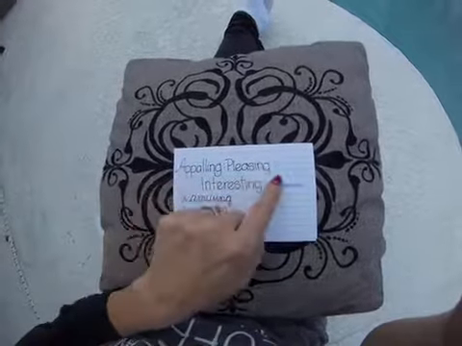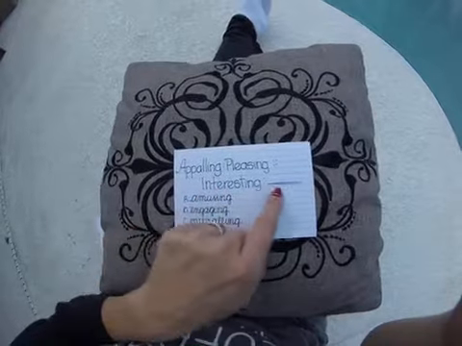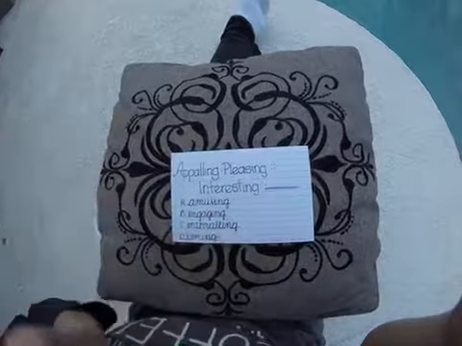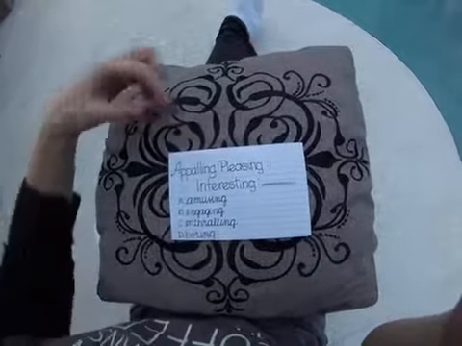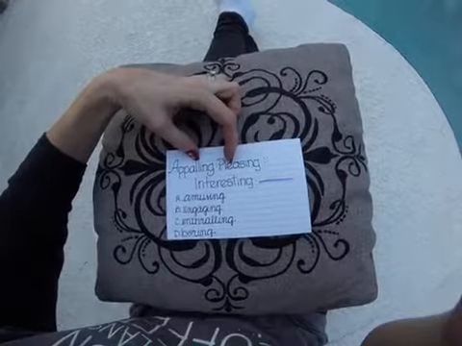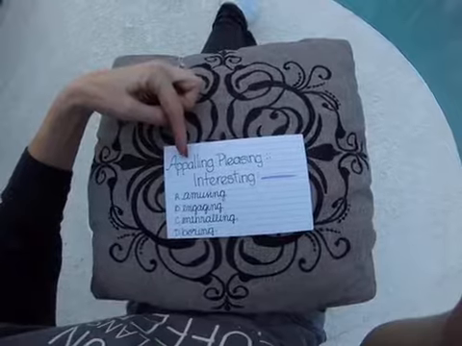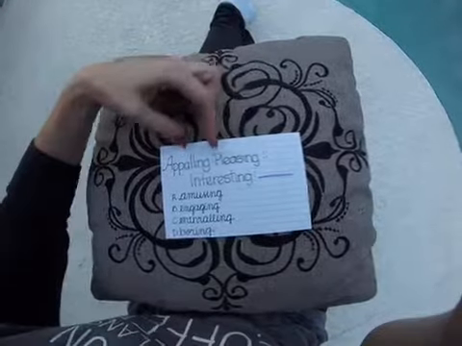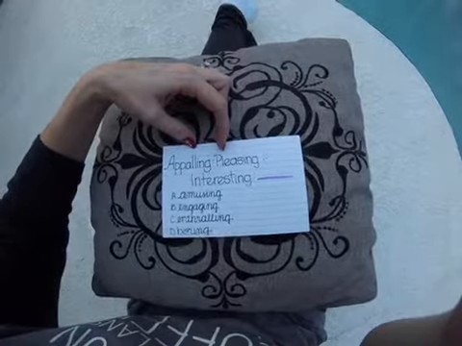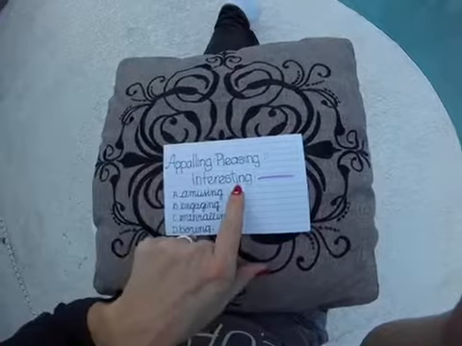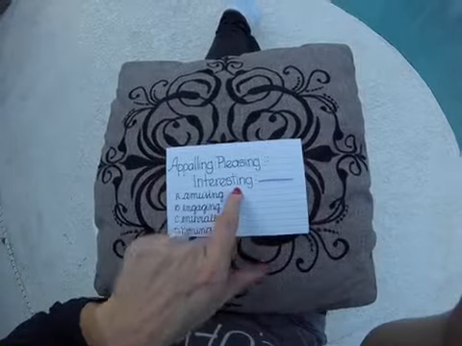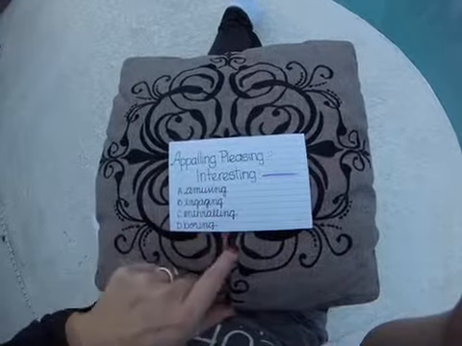Appalling is to pleasing as interesting is to... Well, we have a relationship here. Appalling and pleasing. This means that you're disgusted by something, and this means you like it. So we have a relationship of antonyms. So we know that interesting has to be opposite to one of these answers.